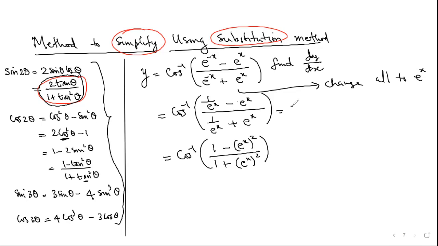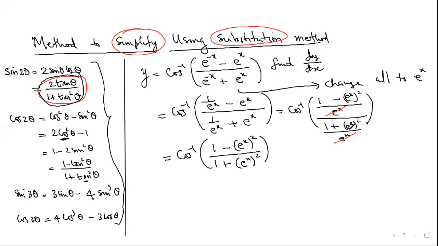I hope you understood here. 1 minus e raised to x the whole square upon e raised to x, 1 plus e raised to x the whole square upon e raised to x. So this and this will get cancelled. I don't think now you need my help to do it.